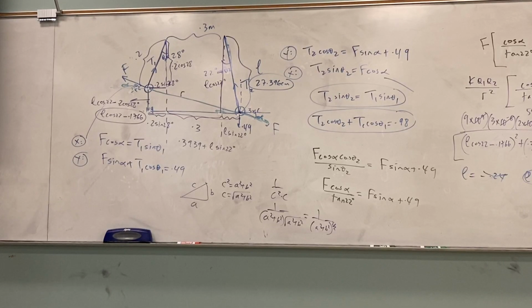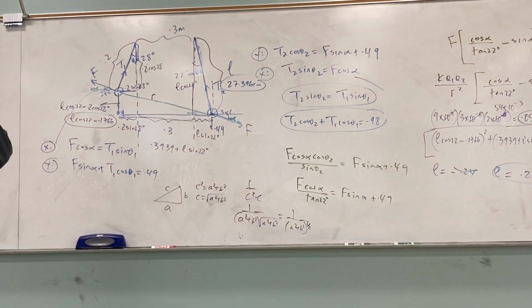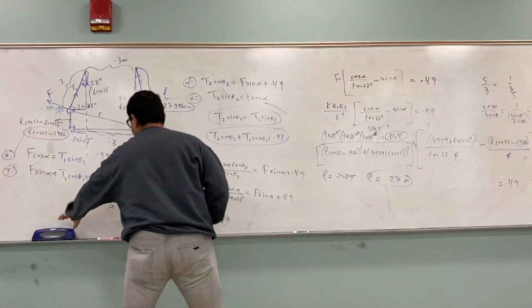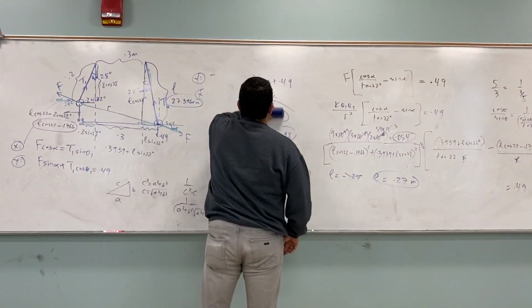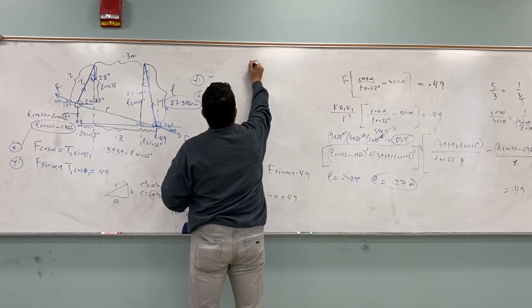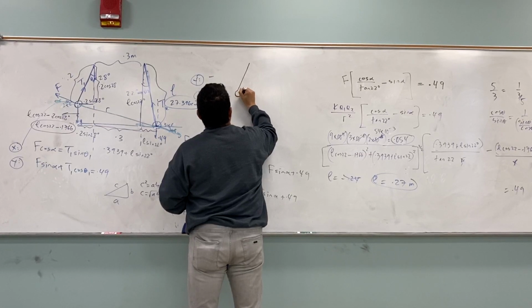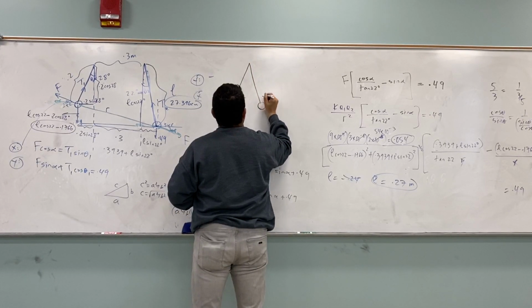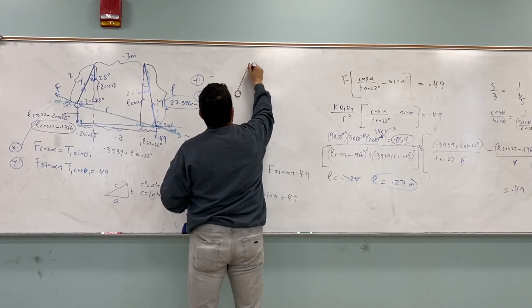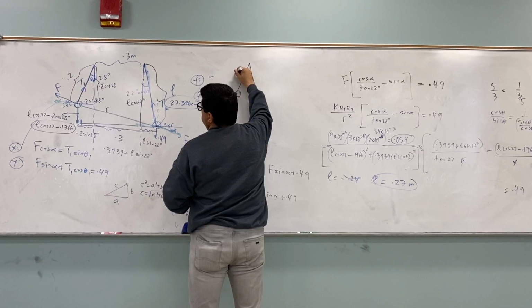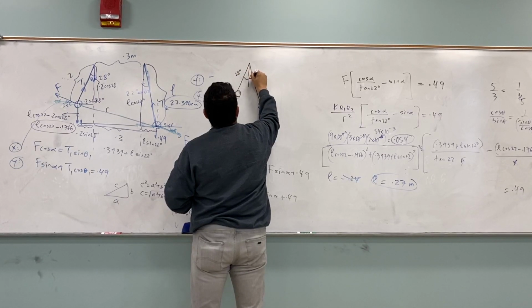What would have happened if they were joined at the top? If the string was joined at the top? Something like this. And now you were told this is 28 and this is 22.